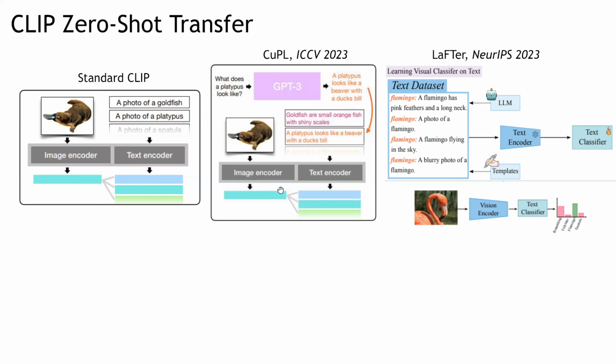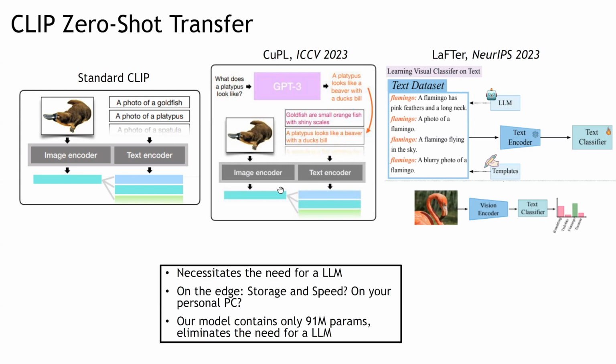Then at inference time, you simply feed the image to the CLIP vision encoder, and then you feed it to the text classifier. This is possible because the vision encoder and the text encoder are trained with contrastive learning. They basically share the same visual semantic embedding space. So you can perfectly feed the vision feature to the text classifier. Okay, this is perfect, but they all necessitate the need for a large language model, right?